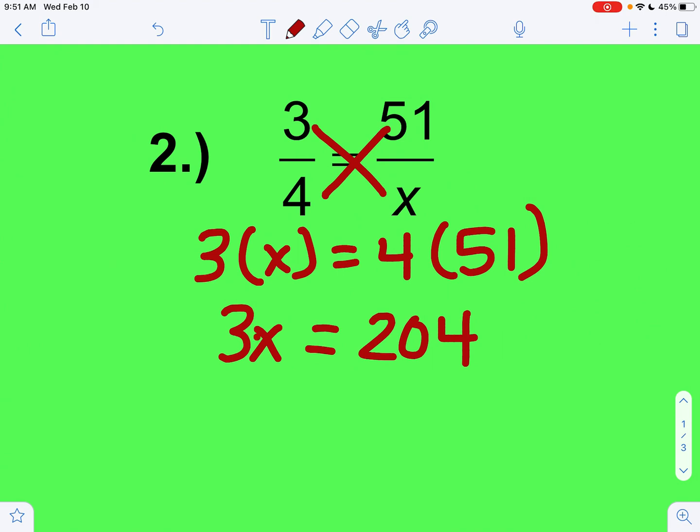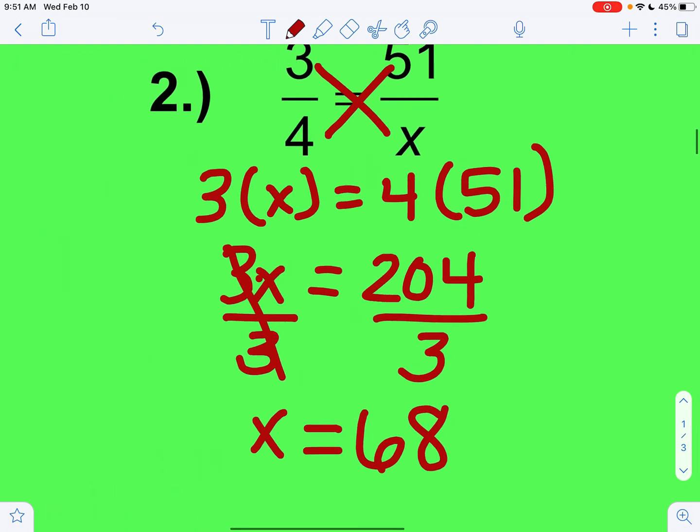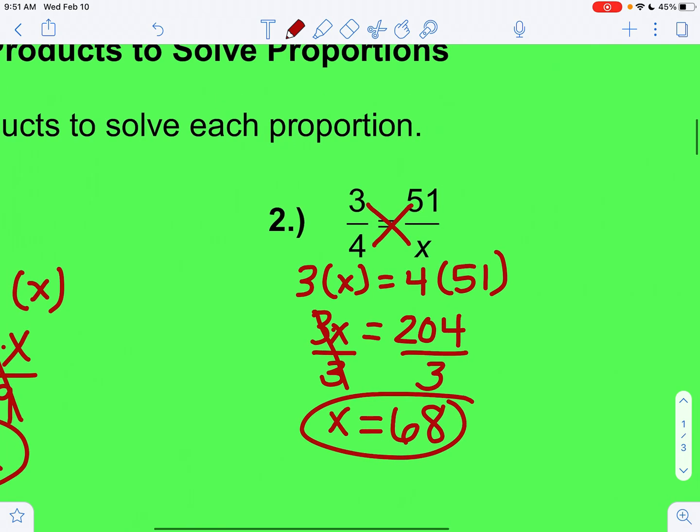Right now it's 3 times x. We want to do the opposite of multiplication, so we're going to divide both sides by 3. So our 3's cancel out. We're left with just x on the left-hand side. And then 204 divided by 3, I just typed it in on my calculator, and I got 68.